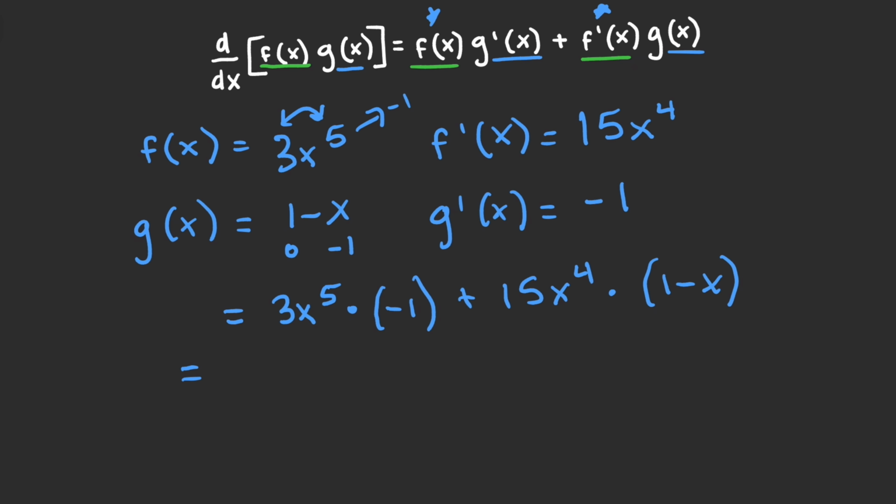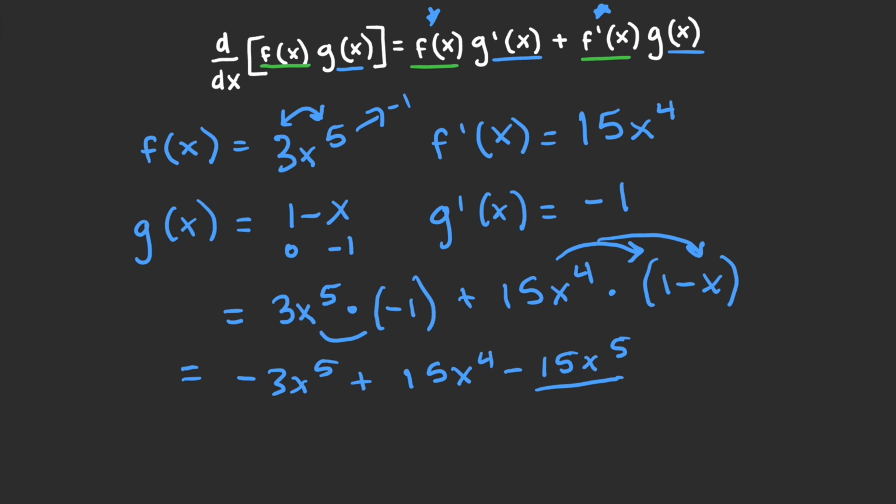So to simplify, we just multiply these two together, which would give us -3x to the 5th power, plus distribute this to the 1 and to the -x, which would give us 15x to the 4th power minus 15x to the 5th power.